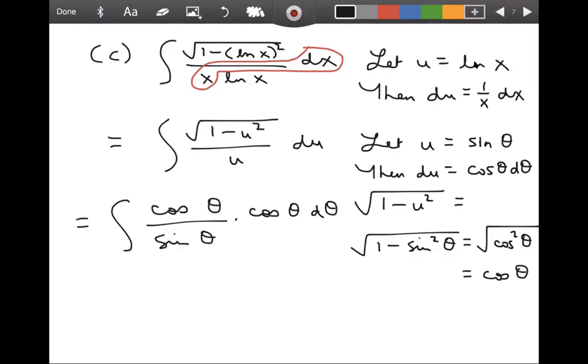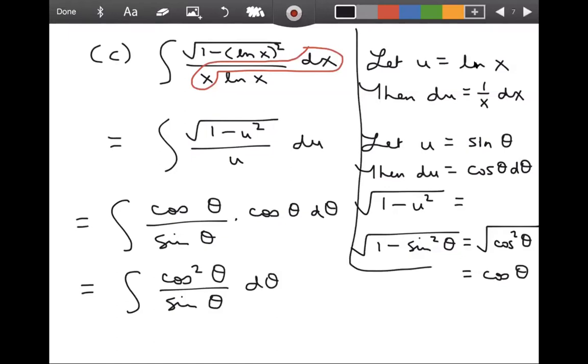All right, so what are we going to do with this integral? Nothing cancels out right off the bat. So what we have here is the integral of cosine squared theta over sine theta. So this would probably fall into that miscellaneous category from the last section. I think the thing to do here is to rewrite cosine squared theta as 1 minus sine squared theta.